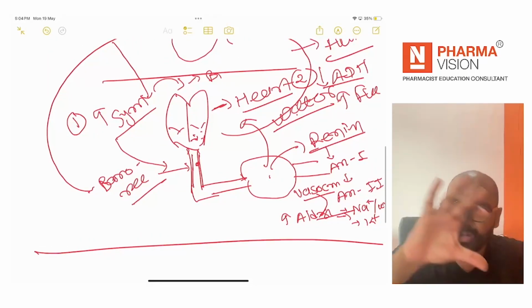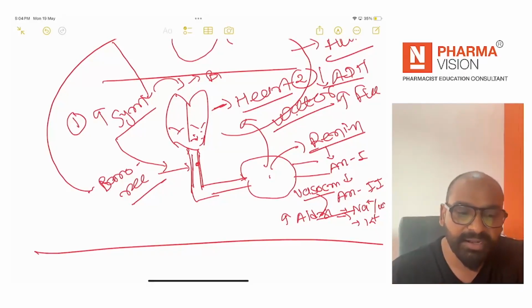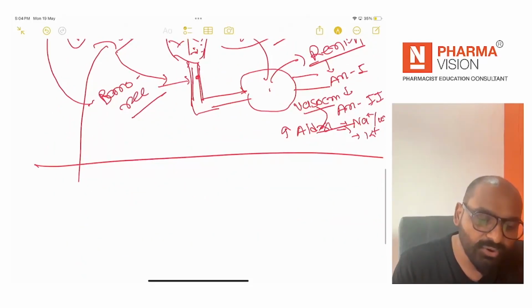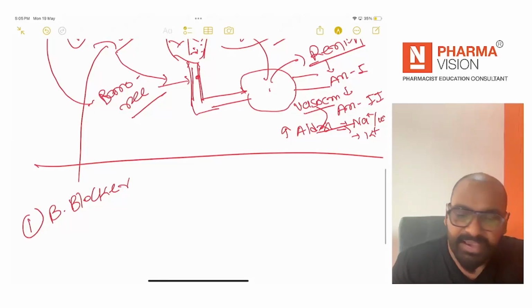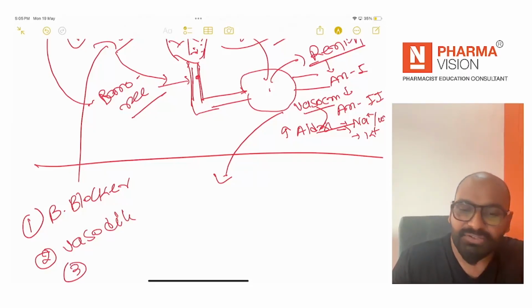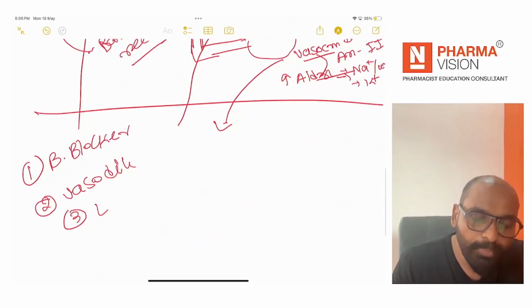Okay, so if you are going to make a broad list of the medications used for the management, the one kind of medication that acts on the sympathetic system is called the beta blockers. Okay, second class of medications, for vasoconstriction, is the vasodilatory medications. Third class of medication, for the water and fluid retention, is loop diuretics.